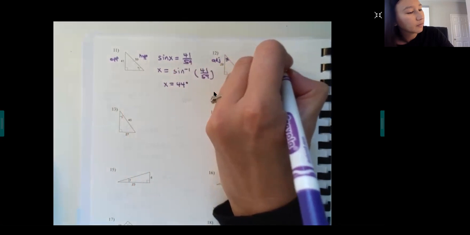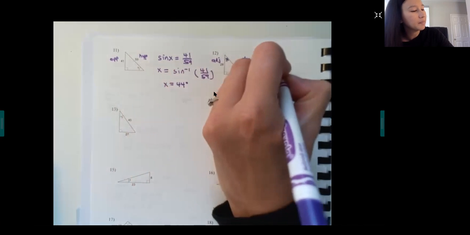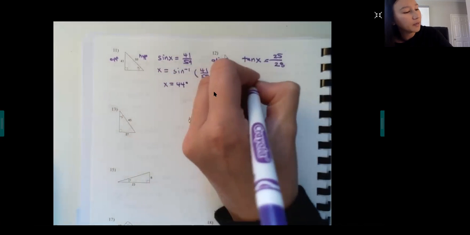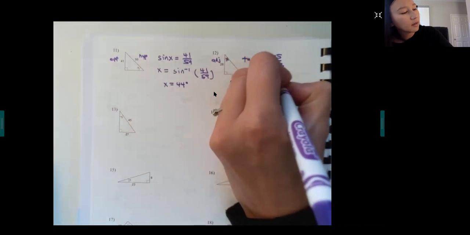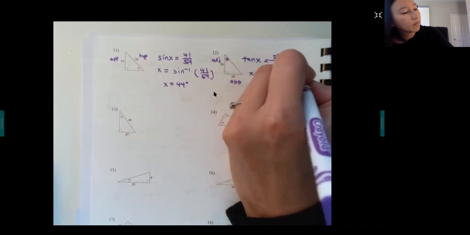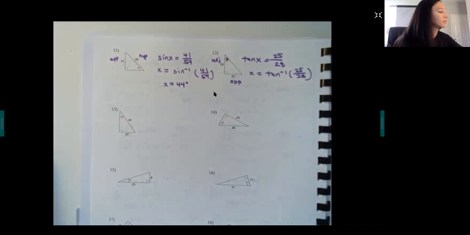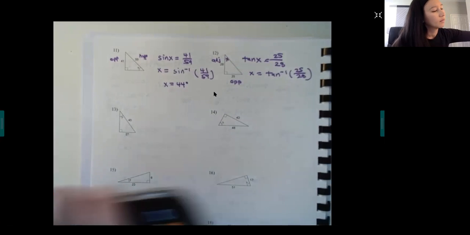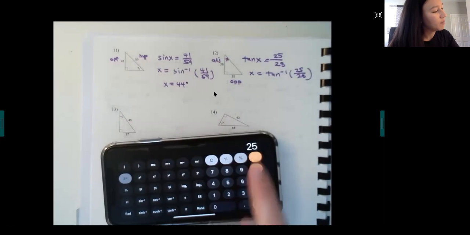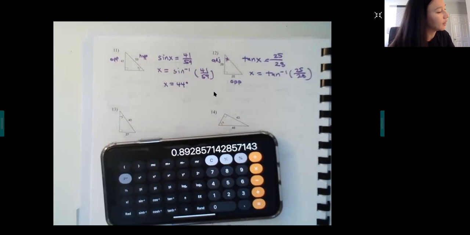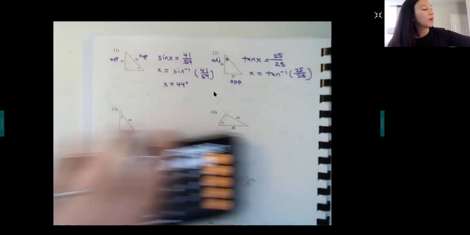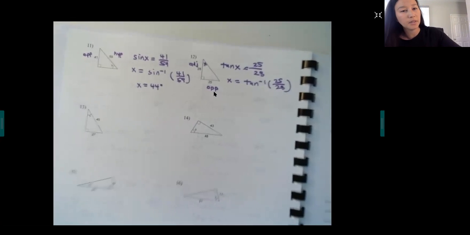It would be 25 over 28. Excellent. And then we just solve for X. So we'll divide 25 by 28 and then take the inverse tangent of that, and we'd round to 42 degrees.